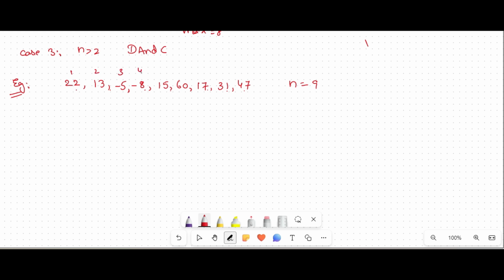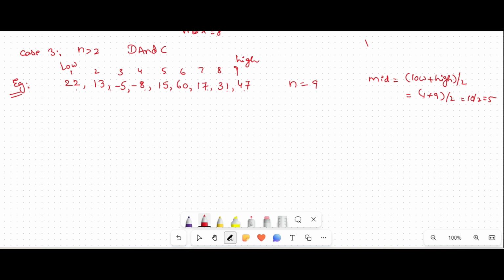Positions 1, 2, 3, 4, 5, 6, 7, 8, 9. How to divide? We will divide into two halves by calculating the mid position. Suppose this is low and this is high. How do we calculate the mid position? Mid equals (low plus high) by 2, that means (1 plus 9) by 2, 10 by 2, which is nothing but 5.